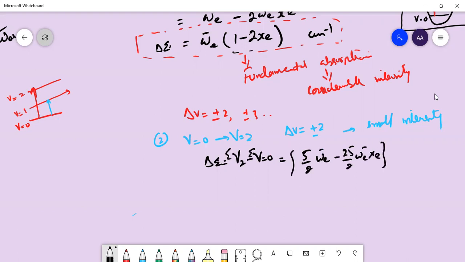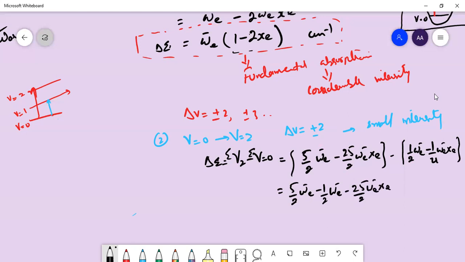I have to subtract from this our V equal to 0 energy level, which is 1 by 2 omega e bar minus 1 by 4 omega e bar xe. So again, let's bring the same terms together. That is 5 by 2 omega e bar minus 1 by 2 omega e bar, minus 25 by 2 omega e bar xe plus 1 by 4 omega e bar xe.